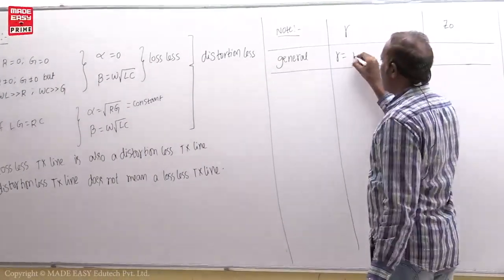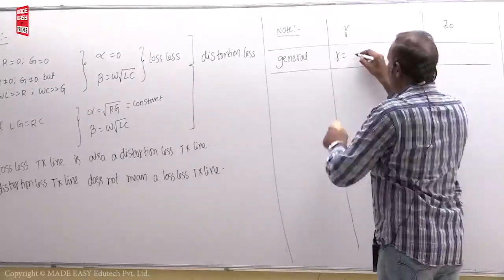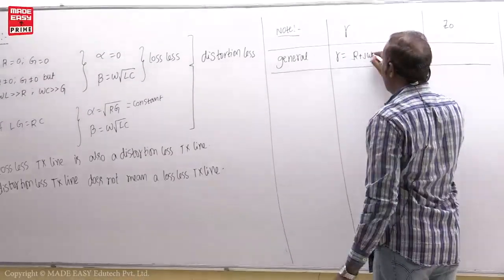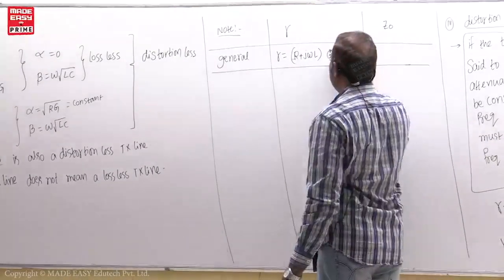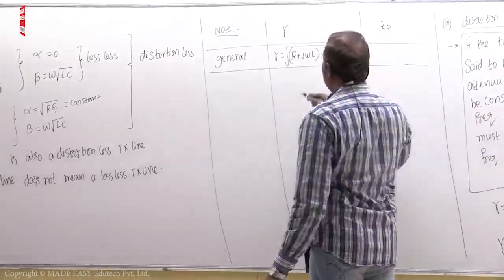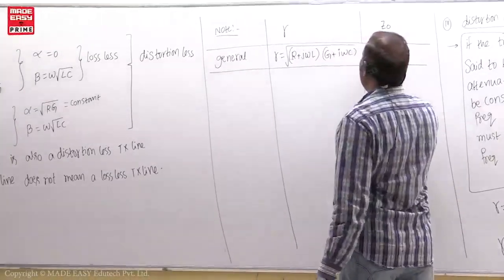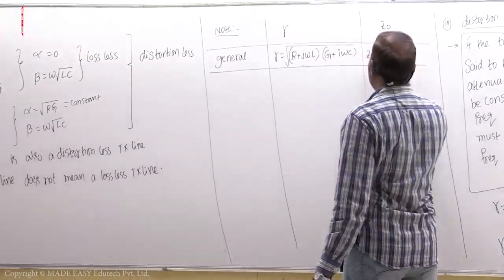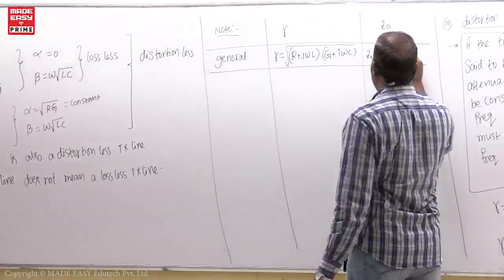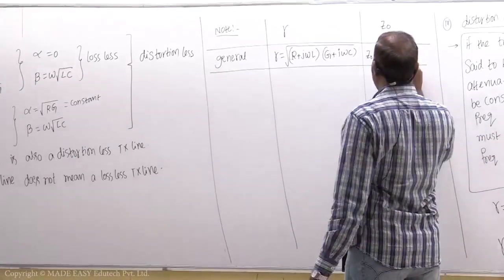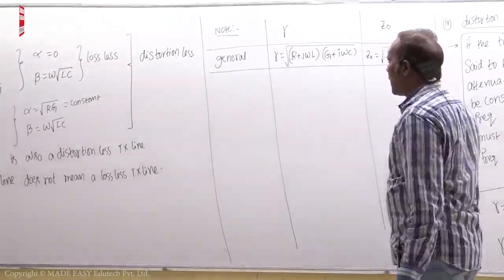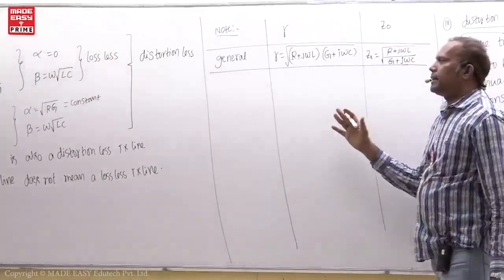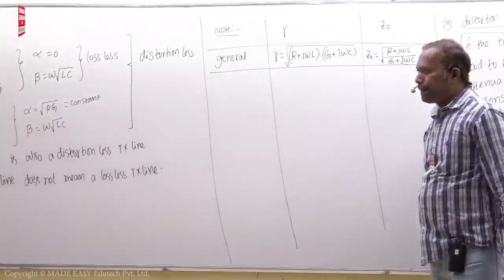The general equation of gamma is the square root of (R plus j omega L) times (G plus j omega C). Now Z naught is equal to the square root of (R plus j omega L) divided by (G plus j omega C). General means we are not taking any conditions. These are the general equations.